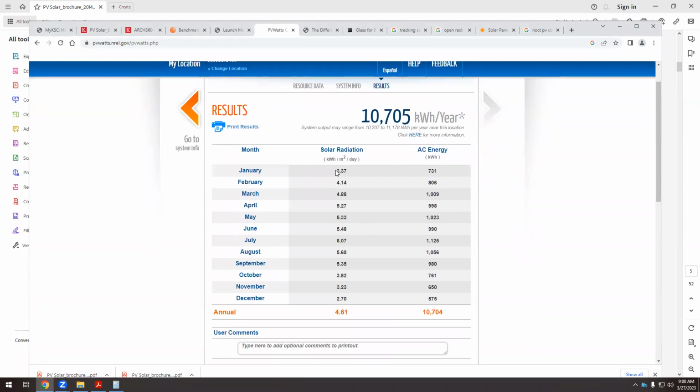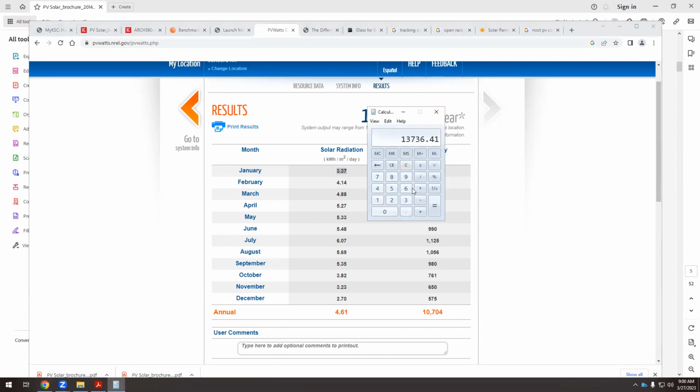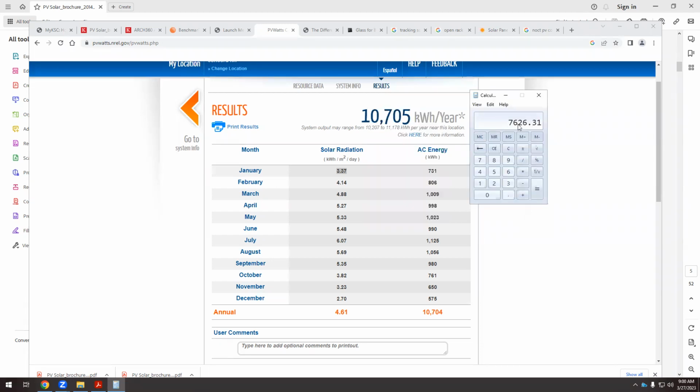Okay, so that's it. If we multiply the daily performance in one month times 31 days times the area, then we have this total number. So in January, if we multiply 3.37 times 31 days times 73 square meters, we have 7,626.